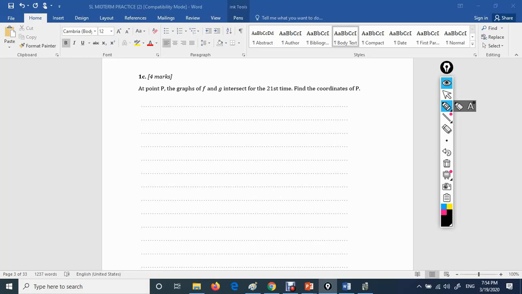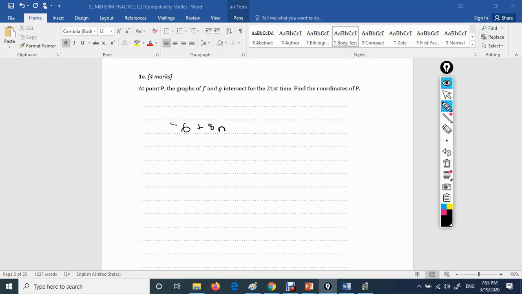Now, from the previous question, we learned that these graphs intersect forming an arithmetic sequence. And we learned the arithmetic sequence was of the form minus 6 plus 8n. But this was when we took 2, which was the second term in the sequence, to be the first.